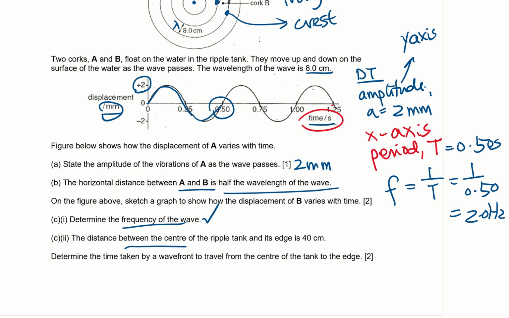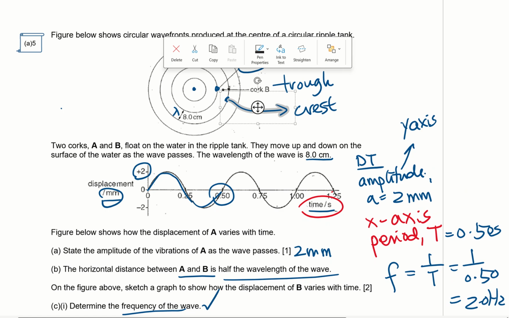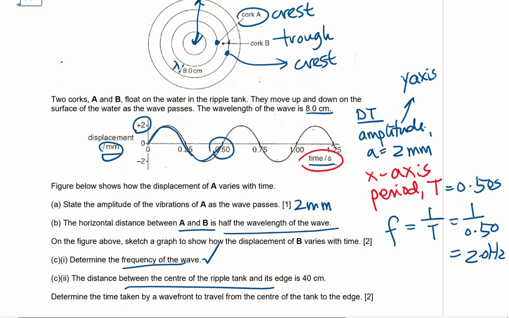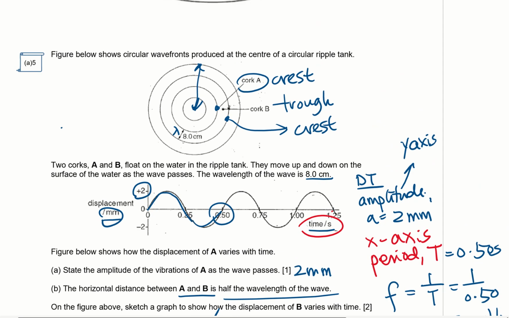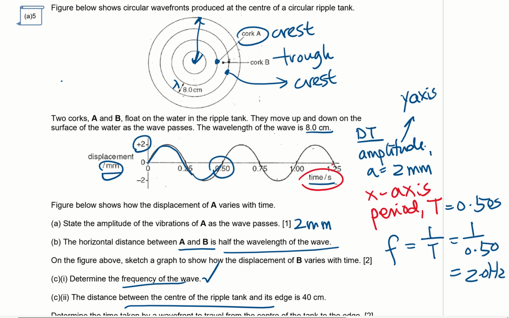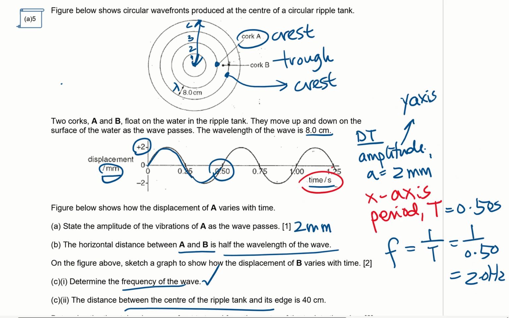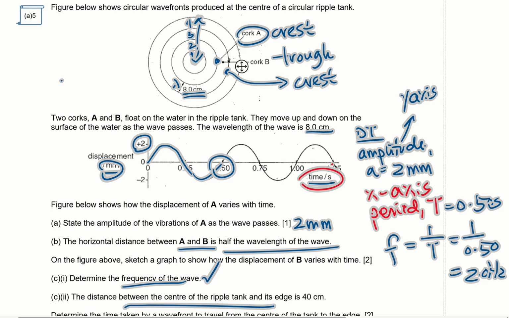Now the distance between the center of the ripple tank and the edge is 40 cm. So this one looks like the previous question. From here to here, take note, the center to the edge is 40 cm. So how many gaps are there? 1, 2, 3, 4. No, because they will tell us that the wavelength is 8 cm, so there is actually one more.